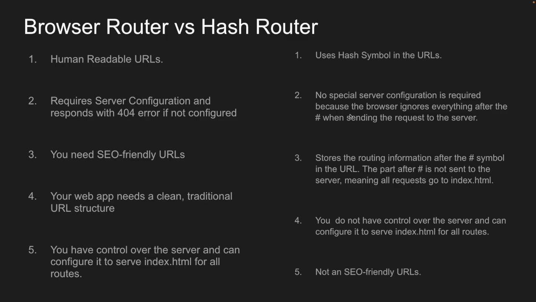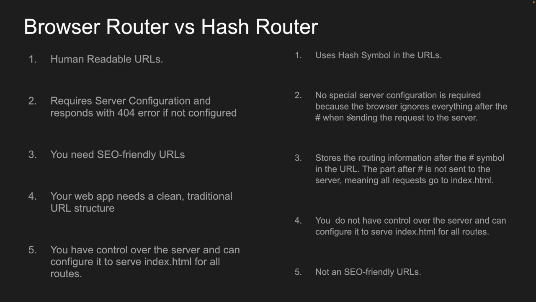So whenever you are going with SEO friendly, you have to go with the browser router. Also in your web application, the browser router is very neat, clean and traditional along with the URL structure. That means you can define the structure in a well mannered way, and that structure will define a traditional manner of your URL structure. Whereas in hash router that is not possible, because every route will have a hash which is ignored, and it always serves index.html as a route.